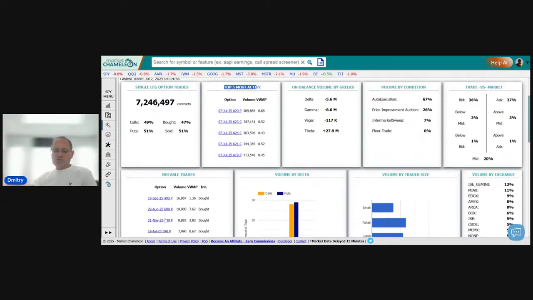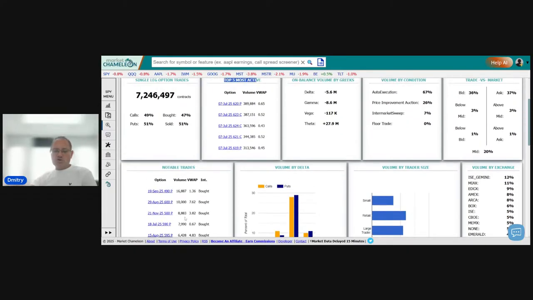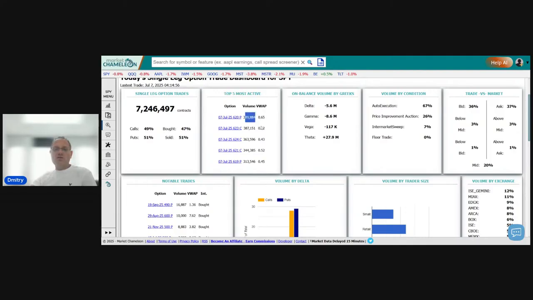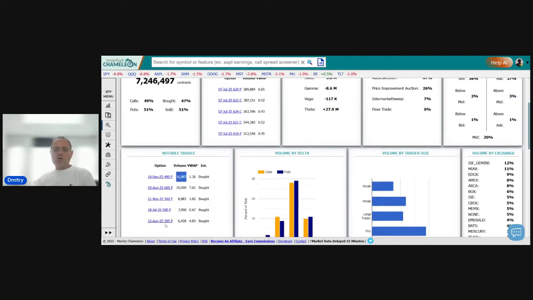So these bigger notable trades were not within these accumulated most active options. This suggests there are a lot of trades going on that accumulated from many other places, maybe a lot of small trades, but these were the most notable ones. And those were all in the longer term options.